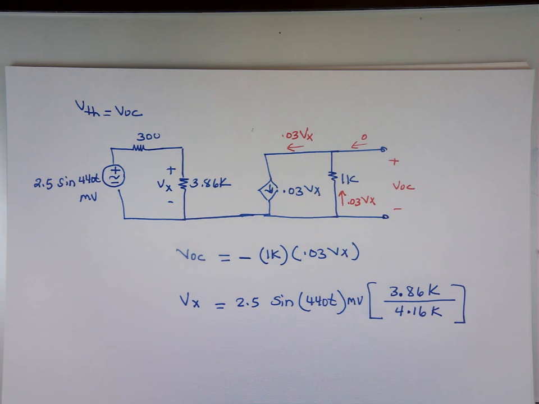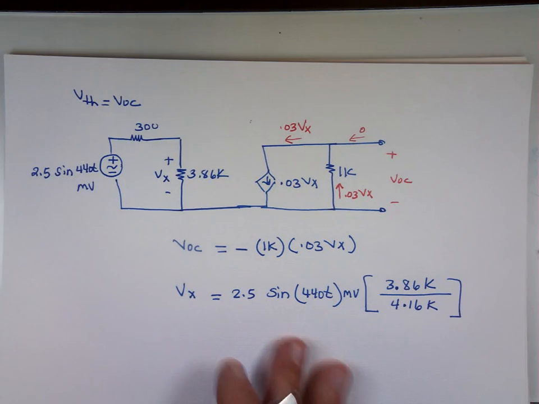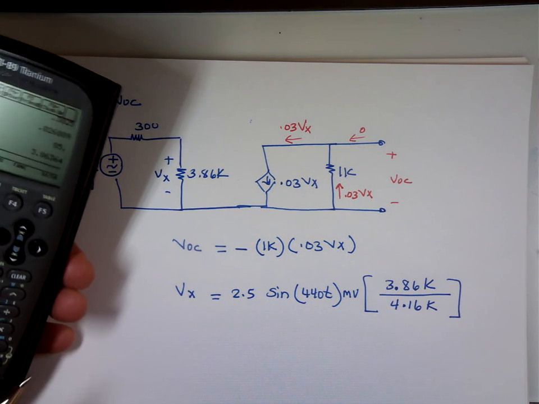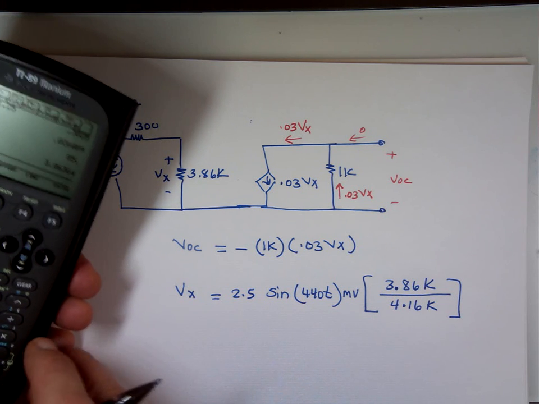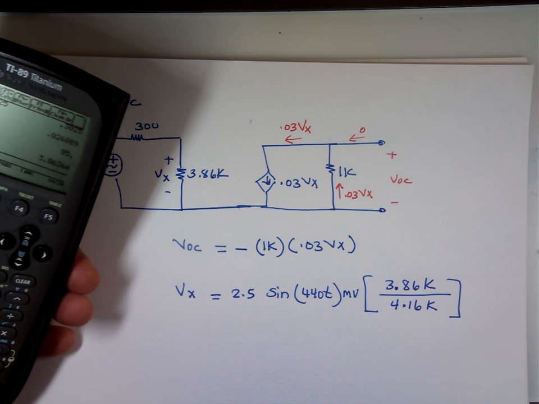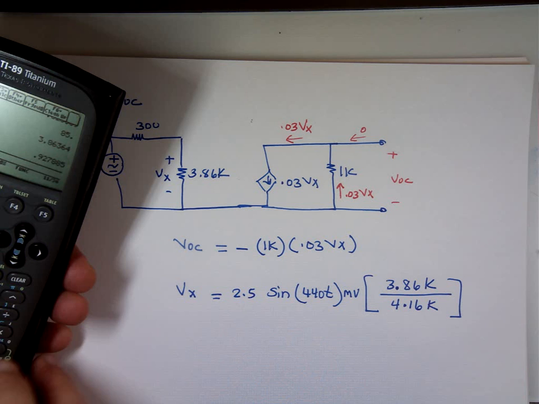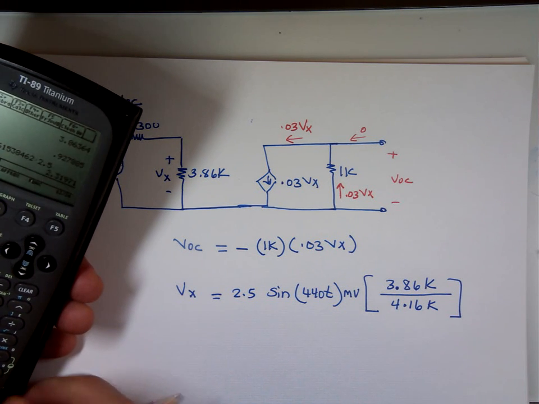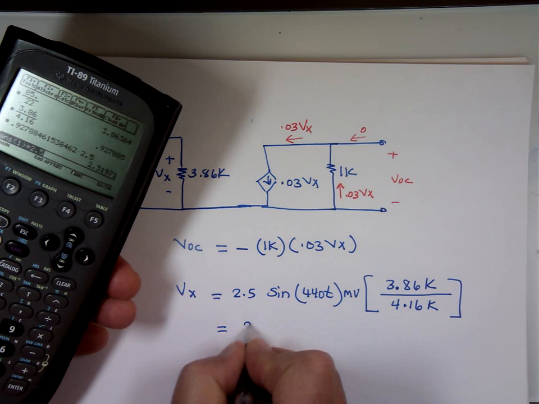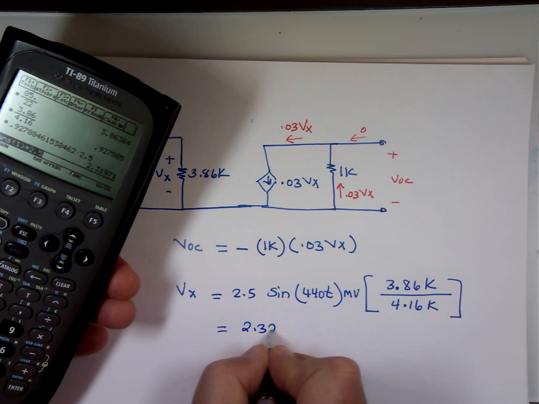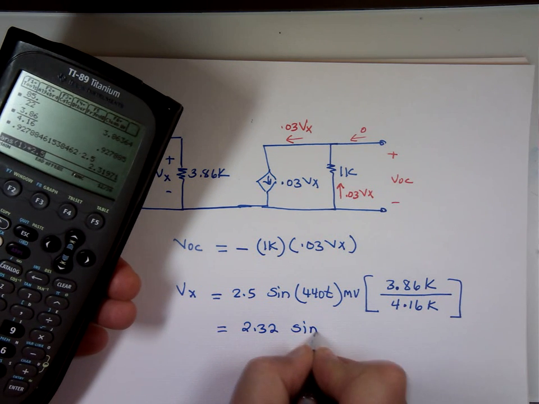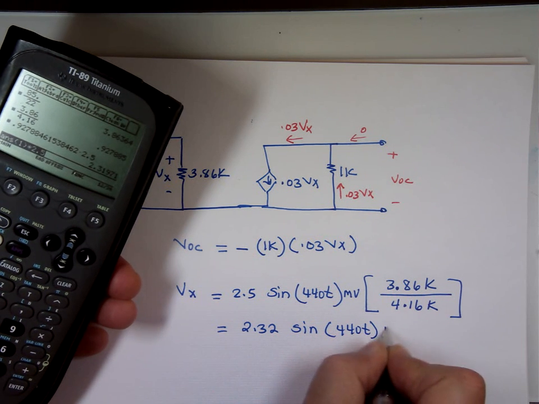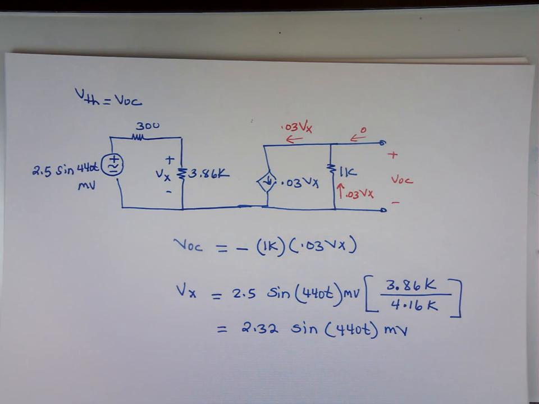So let's do the math. 3.86, I don't need the K's, they cancel each other out, divided by 4.16 times 2.5. Vx equals roughly 2.32 sine 440t in millivolts. So what is your V open circuit now?